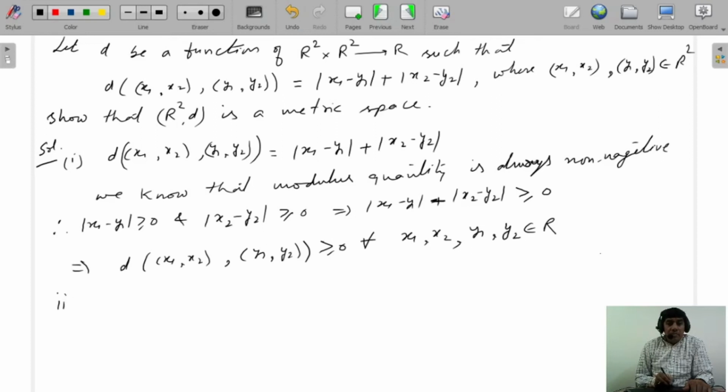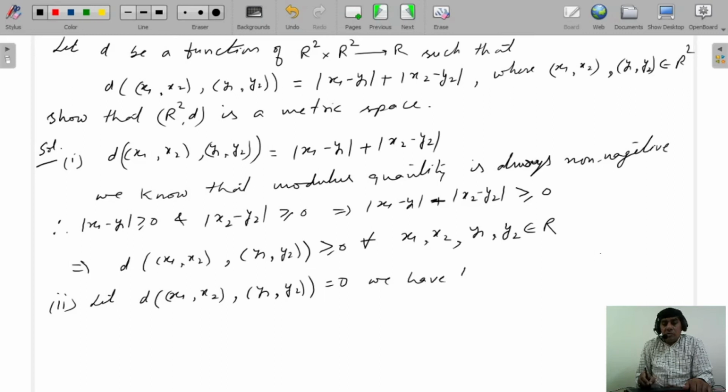Second property, let d((x1, x2), (y1, y2)) be equal to 0. We have to prove that (x1, x2) is equal to (y1, y2).